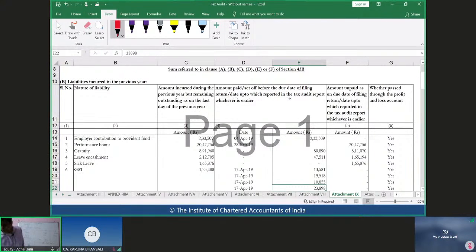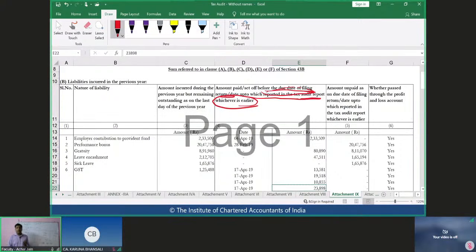What are the time limits? Before the due date of filing a return, or up to the date reported in the tax audit report, whichever is earlier. Okay, clear on this aspect?